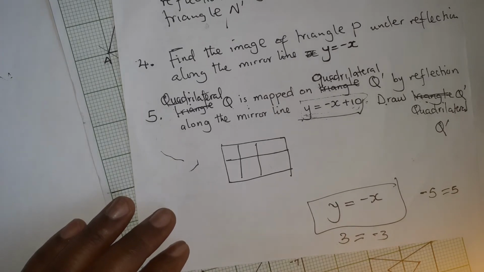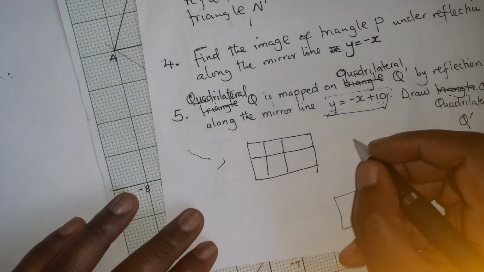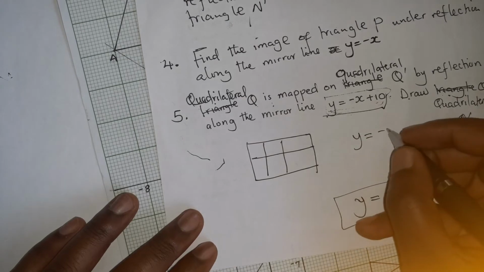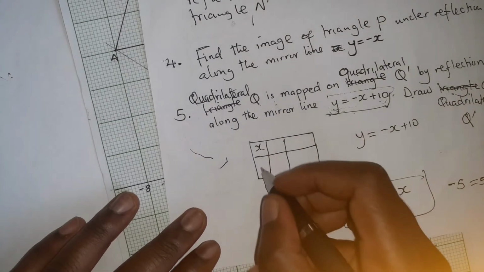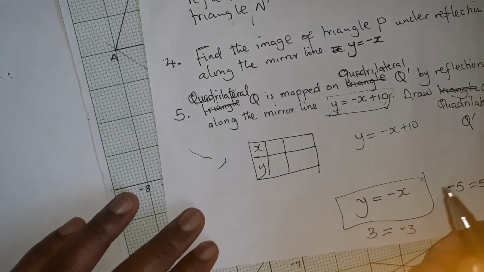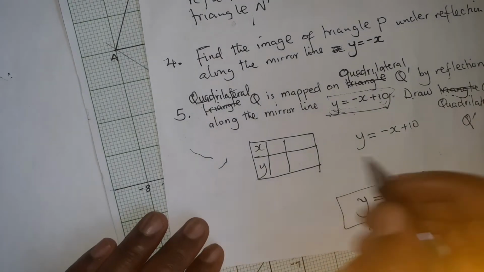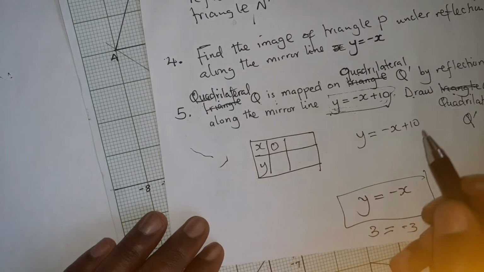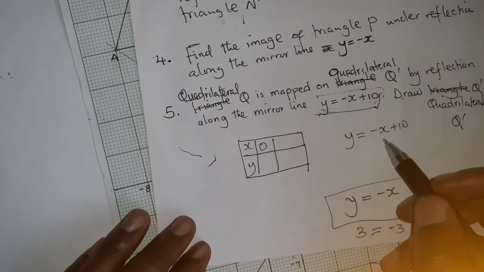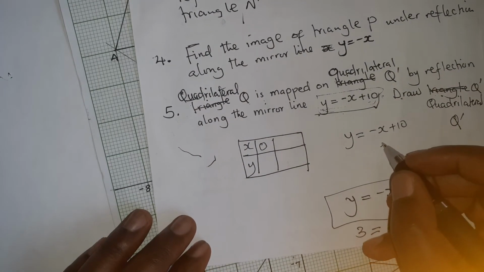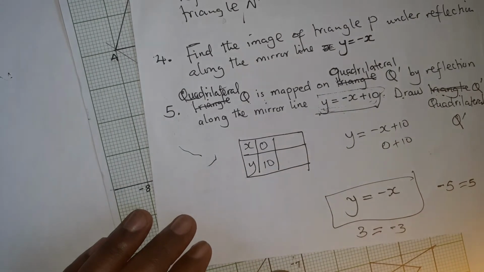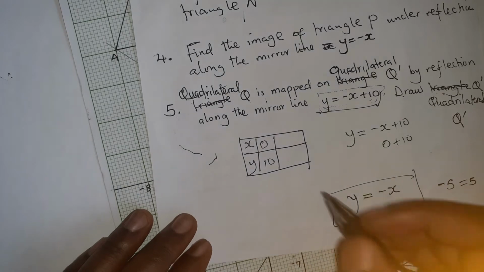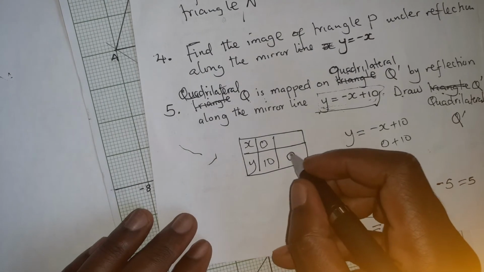Okay, so we are going to have y equals negative x plus 10. Our x is here and this is our y. What is y when x is equal to 0? If we put 0 here, this will be 0 plus 10, so y will be 10. What is going to be x if y is equal to 0?